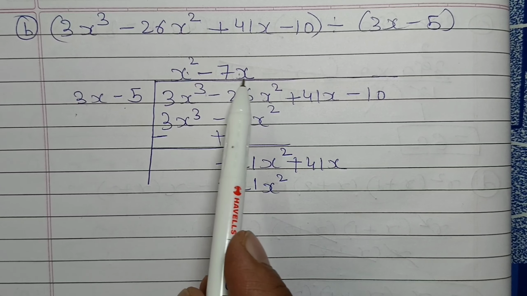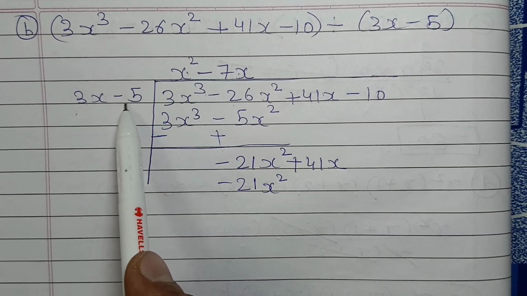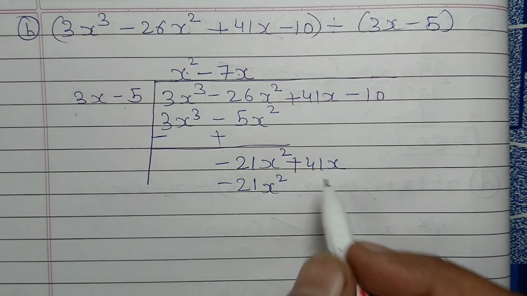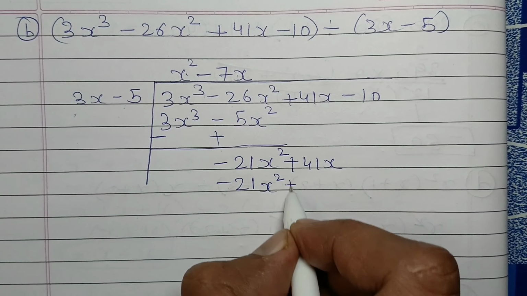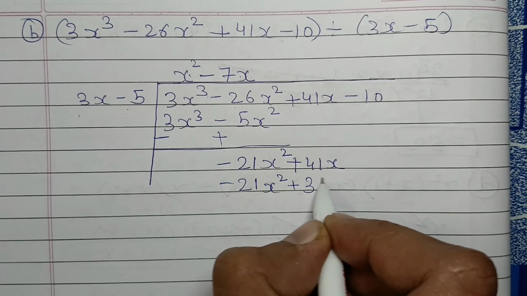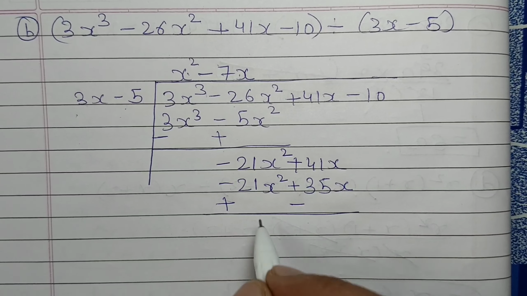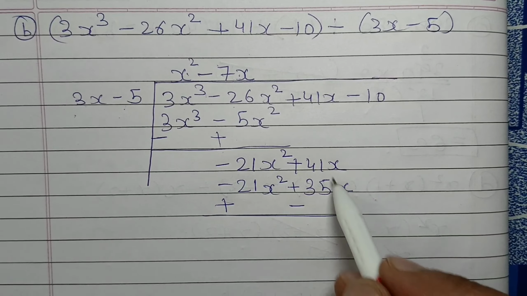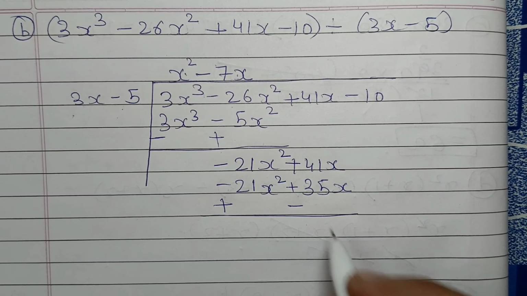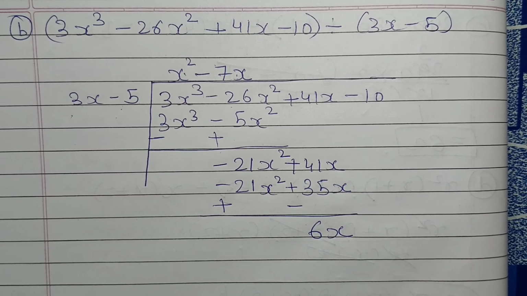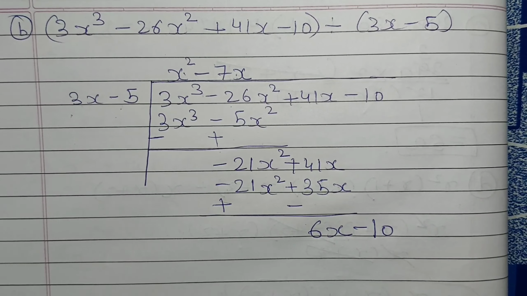And minus 7x multiplied with minus 5 gives minus minus plus, 7 5s are 35x. Now if I subtract, this will be cut, and the remaining will be 6x. Then minus 10 will come down.